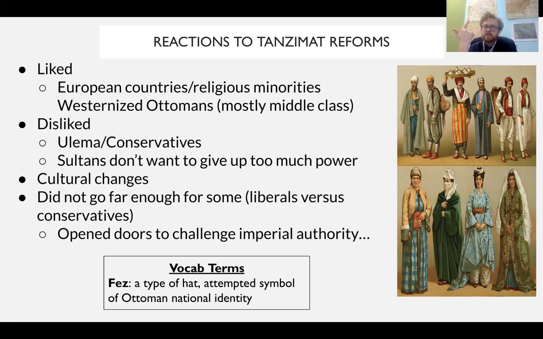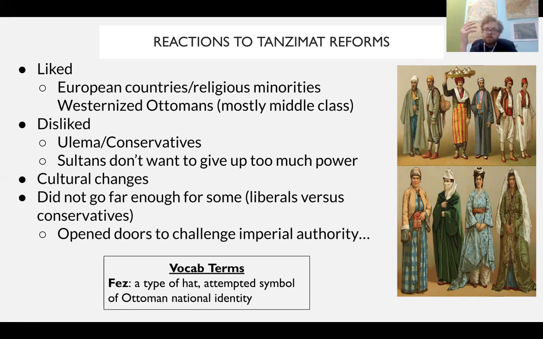Religious minorities like the reforms because they get rights, so that's cool. But also Westernized Ottomans, people who already were on board with Westernization. They like the fact that there are reforms that favor Westernization. It's mostly going to be from the emerging Ottoman middle class. They like all things Western.